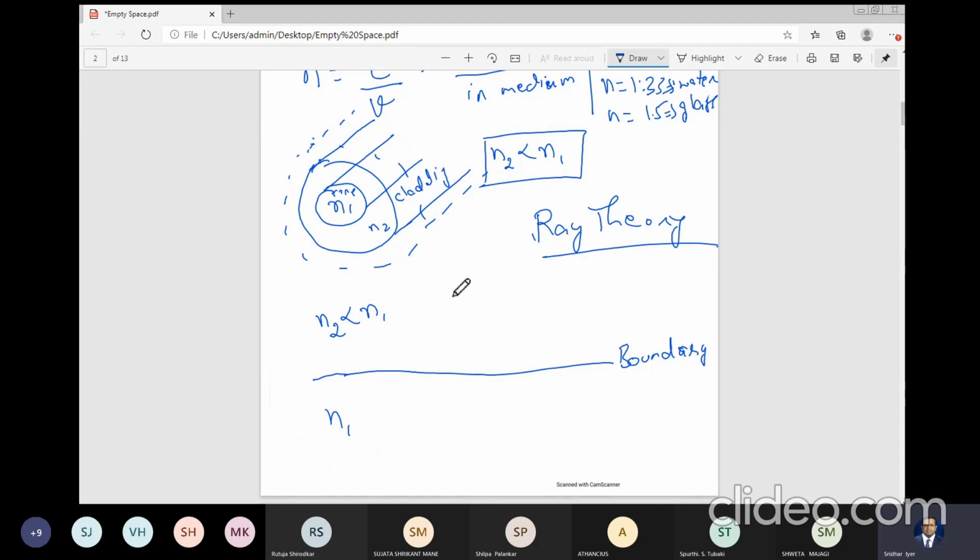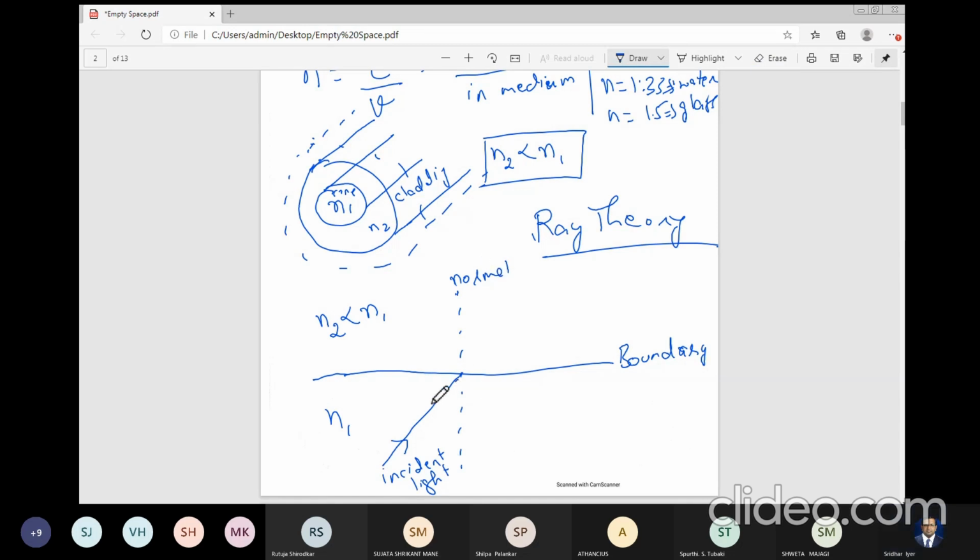Okay. Now let this be a normal line, a perpendicular line. Now let us give this material some incident light. Let me redraw this again. Let us give this material an incident light, that is light which is going to be incident at this boundary.